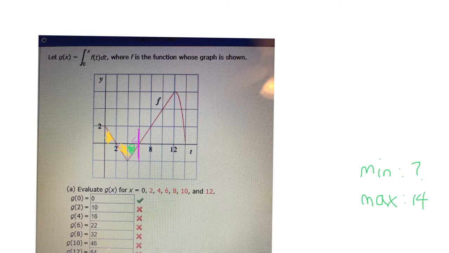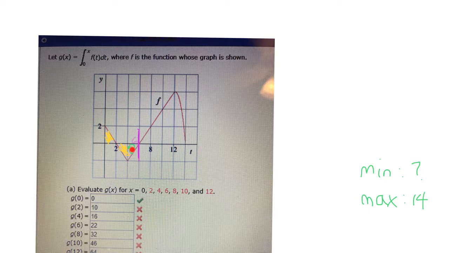That it was at its lowest, because the area under the curve when x was 2 was 1. The area under the curve when x was 4 was 0, because this negative area canceled out this positive area. But then the area under the curve when x was 6 was actually negative 1, because when x was 4, we had a cumulative area of 0.